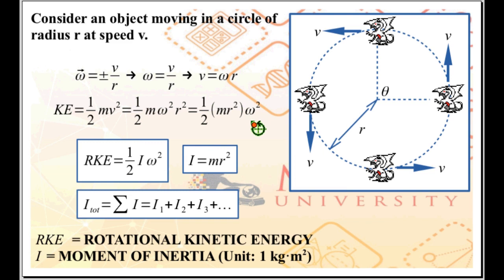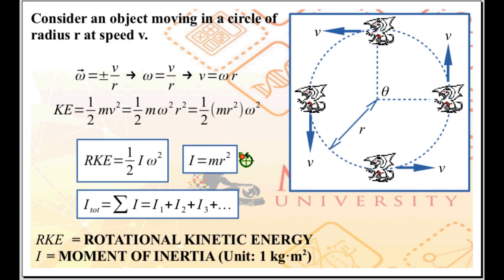Since omega is the angular counterpart of v, that means mr squared is the angular or rotational counterpart of m. So 1/2 mr squared omega squared is the rotational counterpart of the kinetic energy 1/2 mv squared.